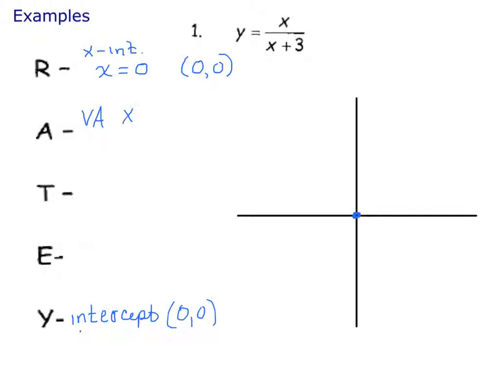So I have x plus 3, I set that equal to 0, and I have a vertical asymptote at x equals negative 3. All right, so I'm going to go ahead and draw that in. Here's x equals negative 3. Here's my vertical asymptote. Put little arrows on it. X equals negative 3.